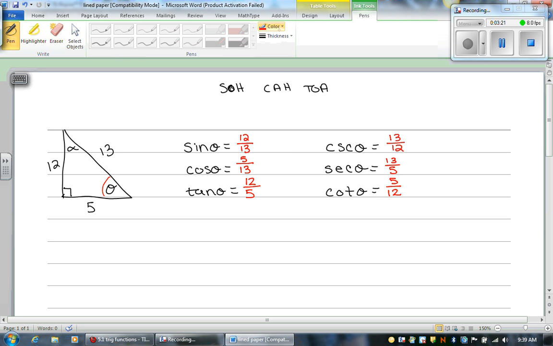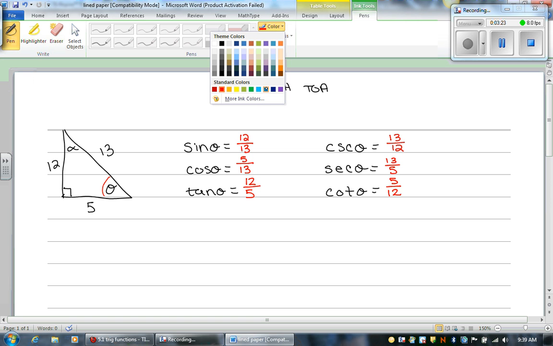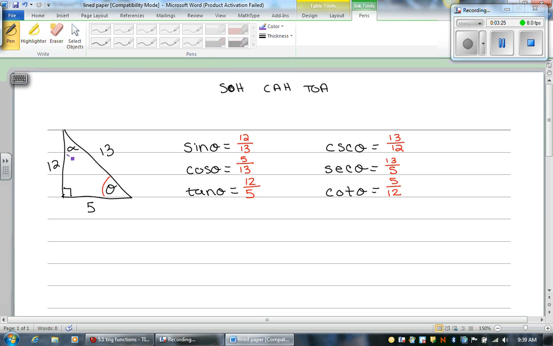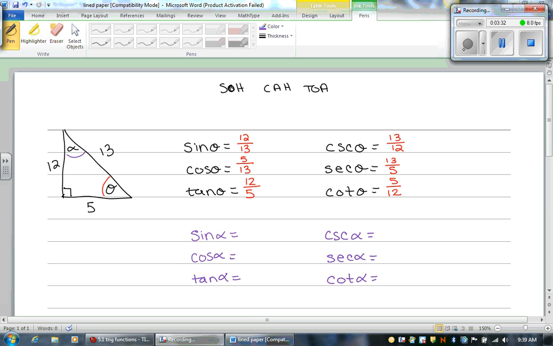Now we're going to do the same thing, except we're going to use alpha this time. So we're going from here. We're starting again with alpha. We want sine of alpha. Sine is opposite over hypotenuse, so we're going to have 5 over 13.